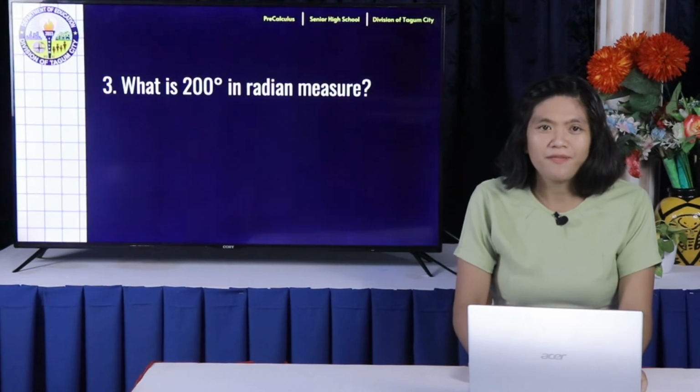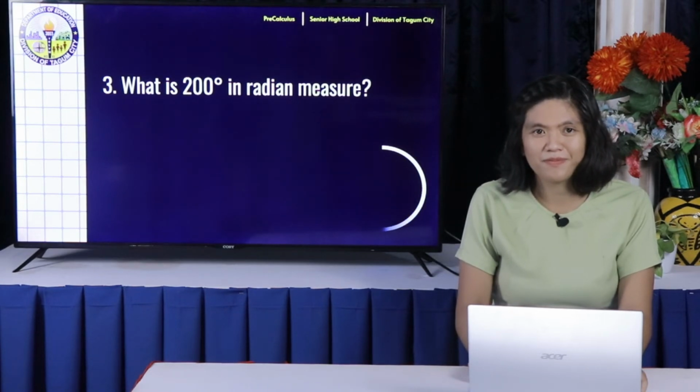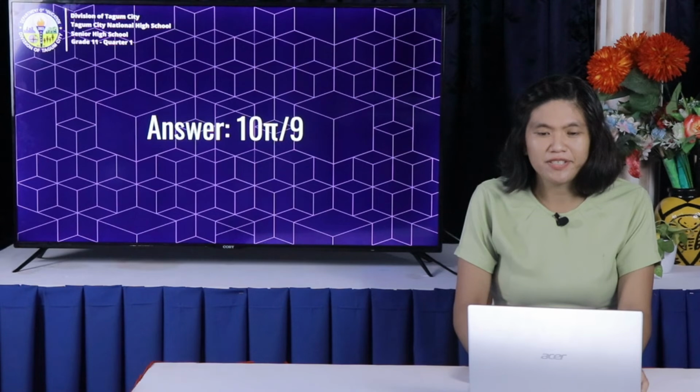Number 3. What is 200 degrees in radian measure? Time is up. The correct answer is 10 pi over 9 radians.